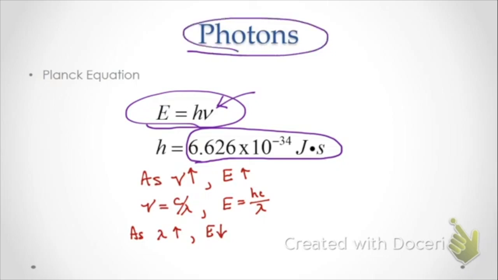Photons, of course, are particles of light. This term was coined by G.N. Lewis, our favorite chemist, in the 1920s. So photons have an energy equal to h nu, proportional to the frequency. So higher frequency photons are going to have higher energy.